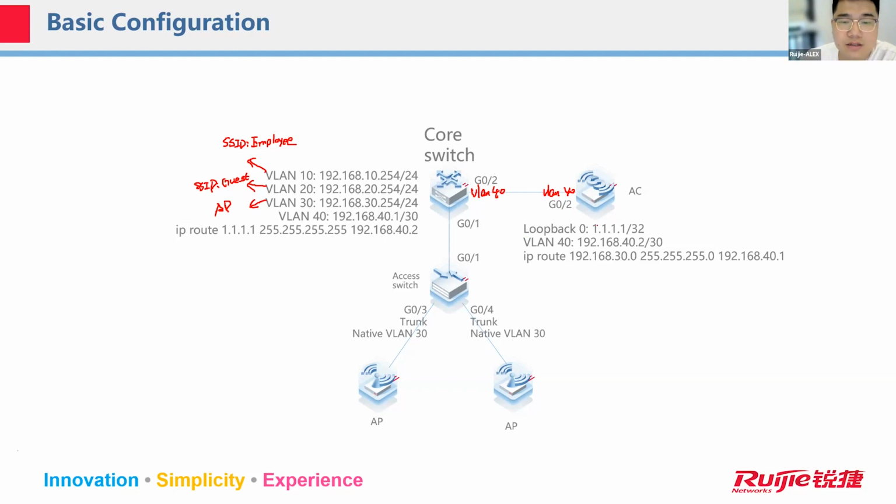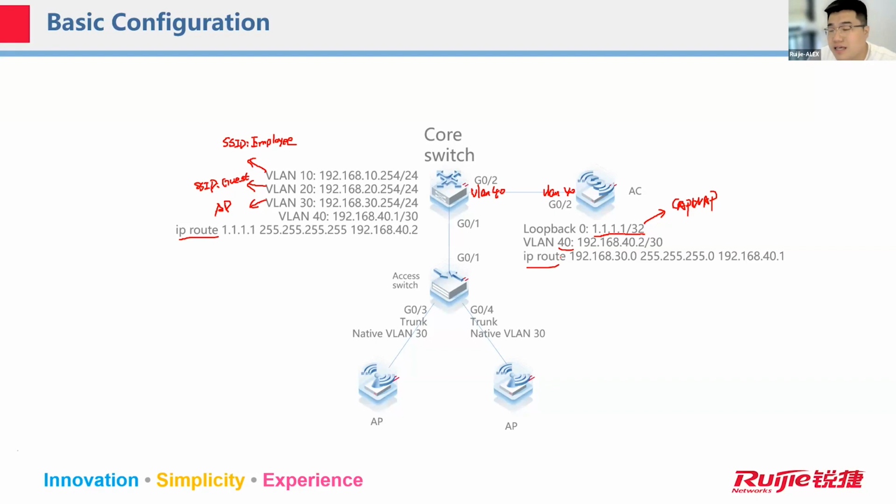And on the AC, we have a loopback interface 1.1.1.1, and we plan to use this IP to establish the CAPWAP tunnel. And VLAN 40 is the interconnection address between the AC and the core switch. On both the core switch and the AC, since it's a layer 3 interconnection, we should have some routes, and what we use here is the static route.